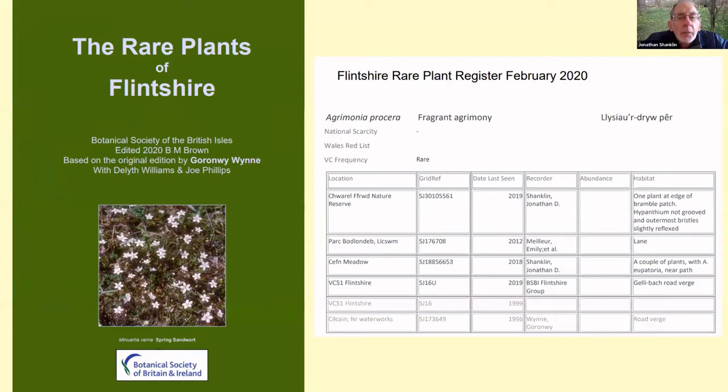This is the Flintshire example, again for Agrimonia procera. And in addition to the standard fields, there's also a note about abundance and habitat, which can be quite important for conservation purposes.